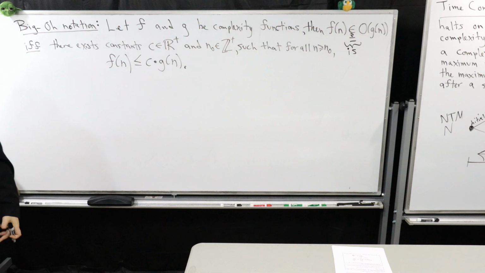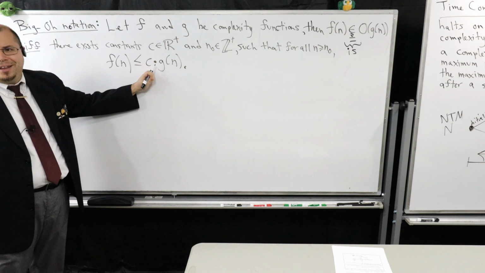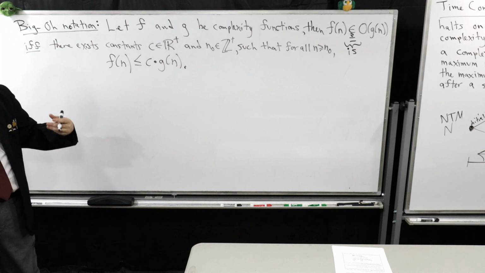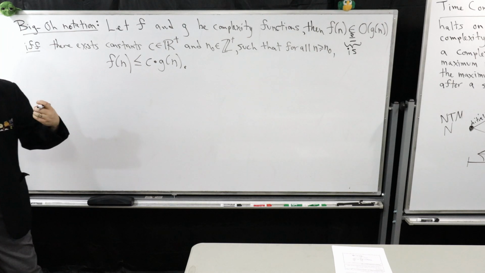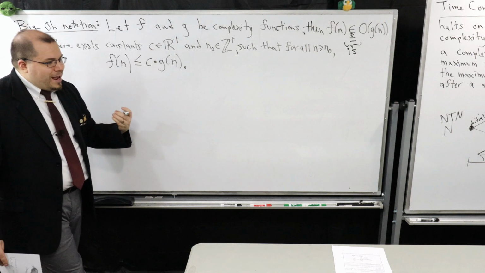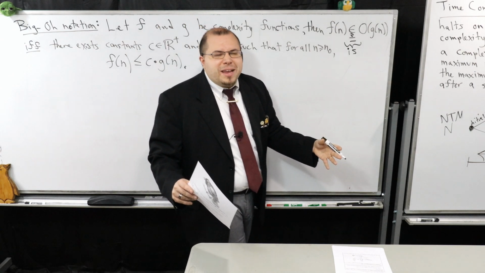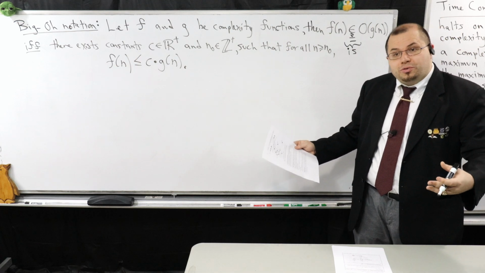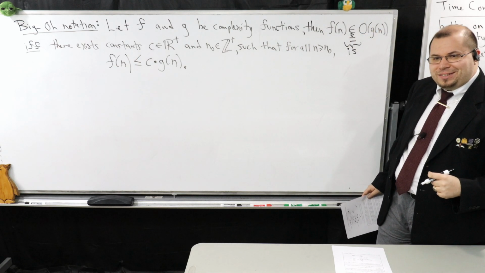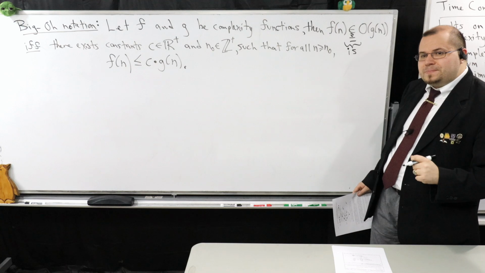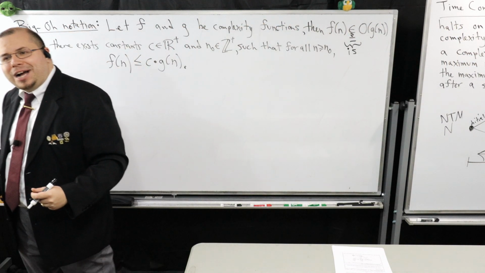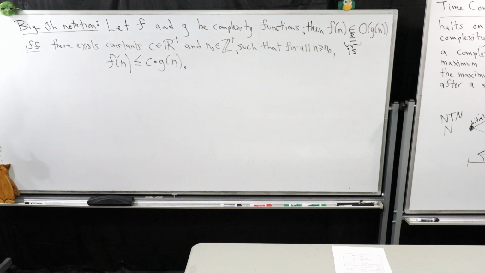Hopefully this gives you some justification of why this c is here. It makes sure that when I count the operations for sufficiently large n, I'm capturing what happens for any arbitrary input n, which can be very, very big. Some people would call that comparing the growth rates of the functions. There are a few different ways to think about this, but hopefully you find the explanation helpful for why this definition is a thing.